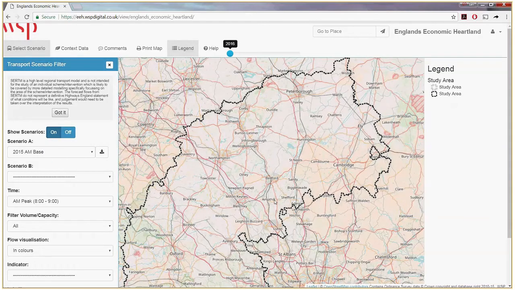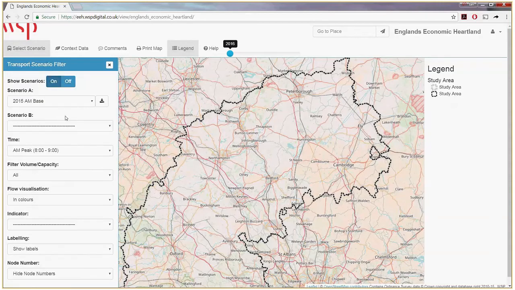ProjectView has within it a viewer for transport modelling results, and the problem with viewing model results is you very quickly get a combinatorial explosion, and so in a conventional map system it's very difficult to offer all the options that users would want when you've got a number of different years, different scenarios being tested, and different indicators that you want to see.